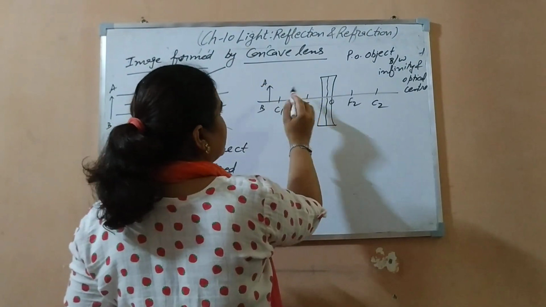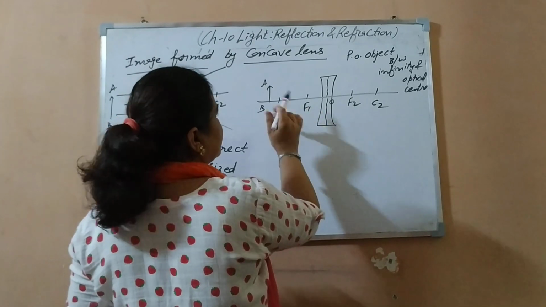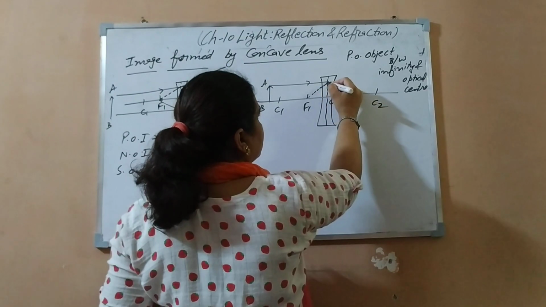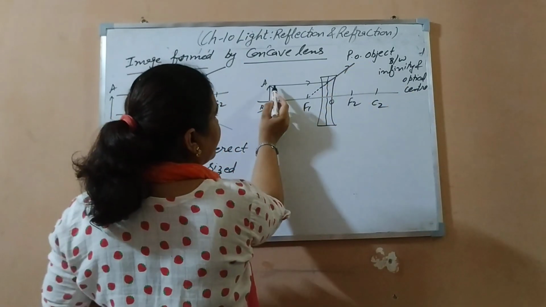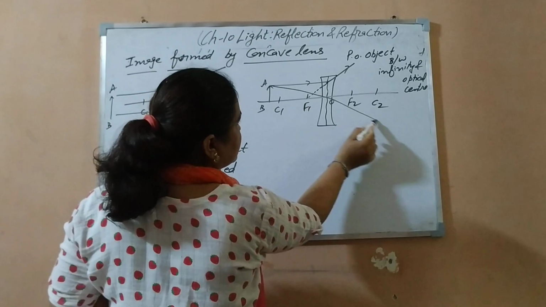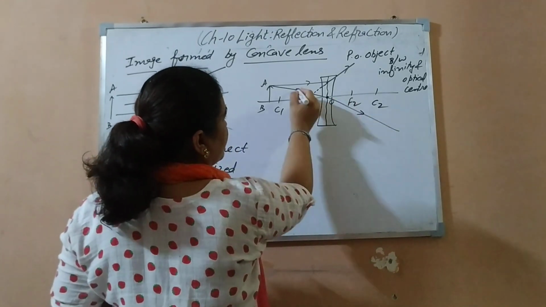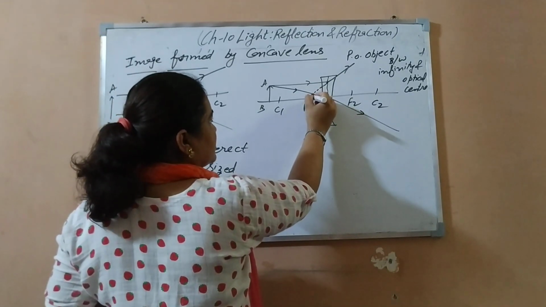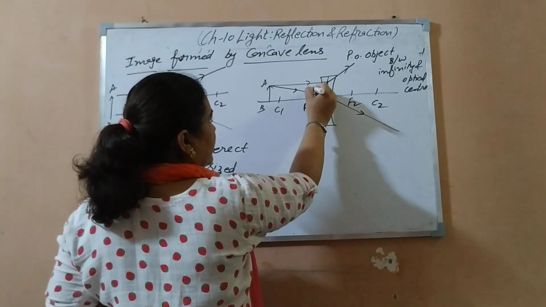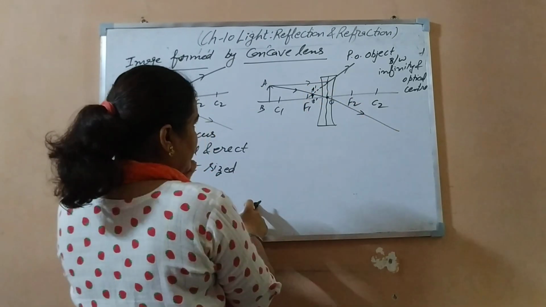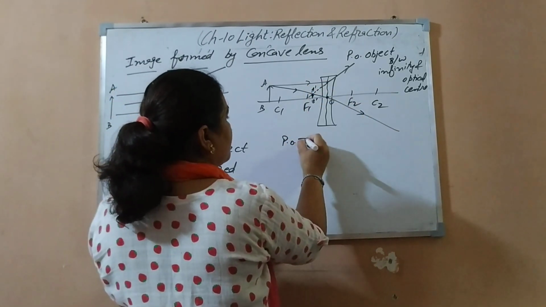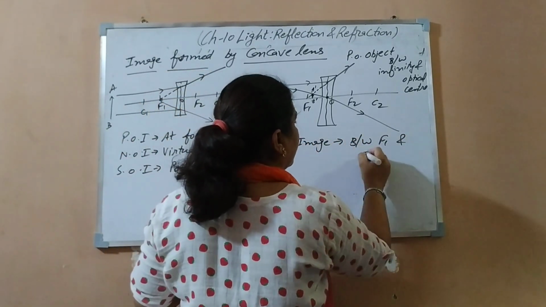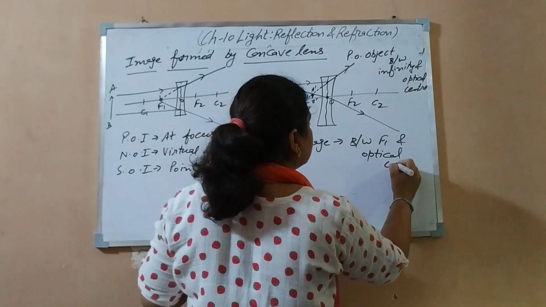A parallel ray will go and appear to diverge from the focus. And the second ray passes through the optical center, so it goes undeviated. So where have we got the image? Between these points, A dash, B dash. The position of the image is between F1 and optical center.